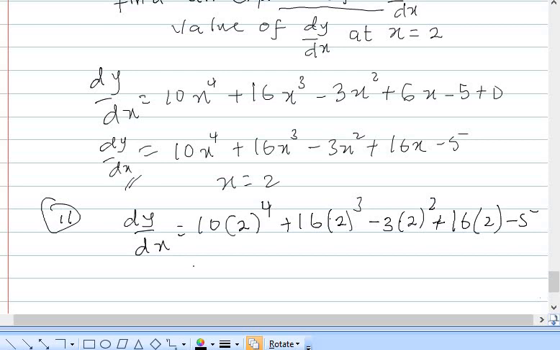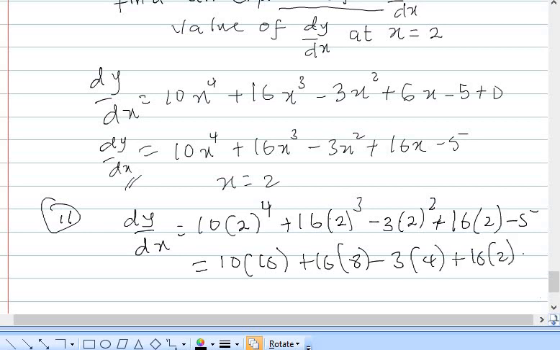By solving, maybe using a calculator, you will get the value. 2 power 4 is 16, plus 16 times 8, minus 3 into 4, plus 16 times 2, then minus 5.